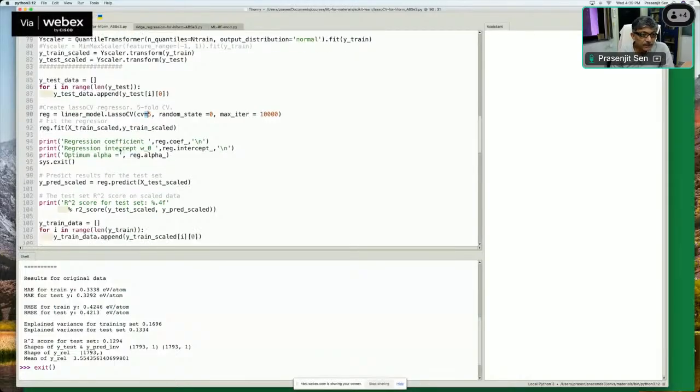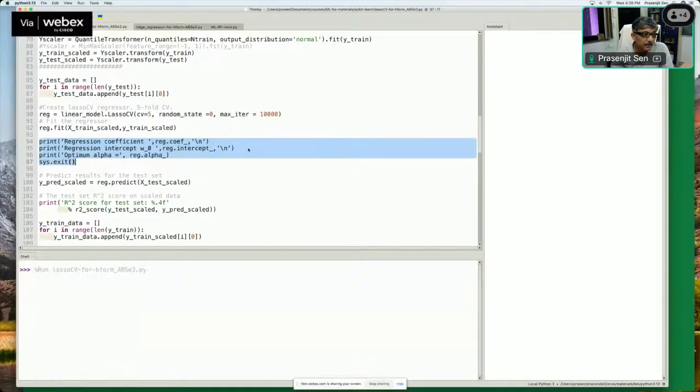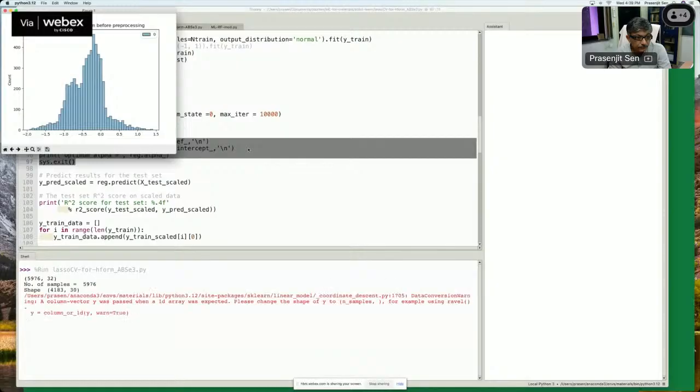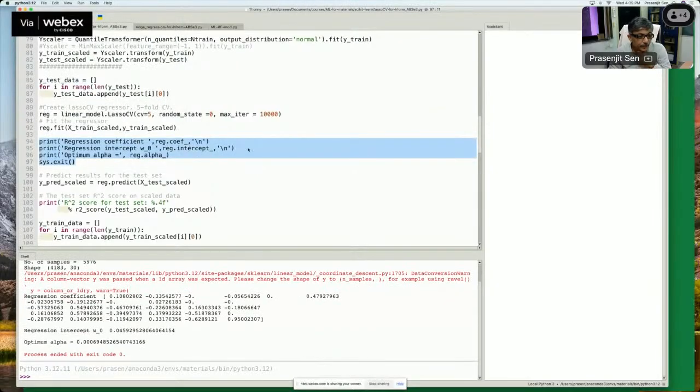After fitting this, we are printing the coefficients, the intercept, and the optimum value for alpha. We'll go up to this point now, run this and see what we get.